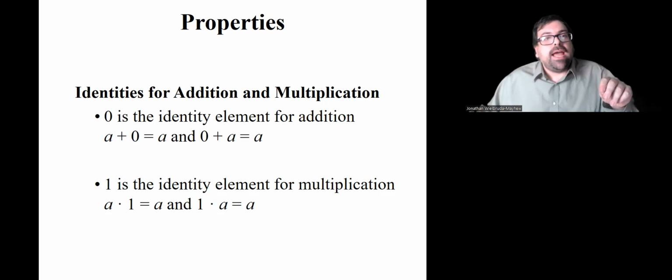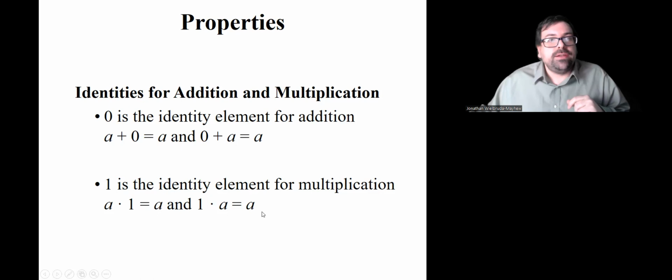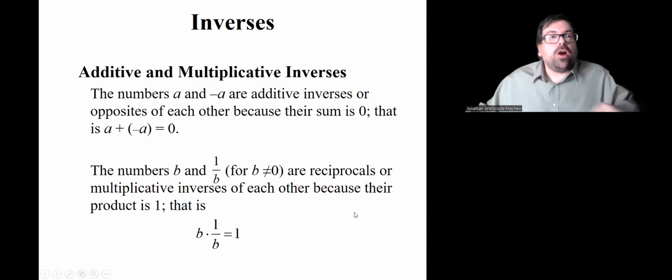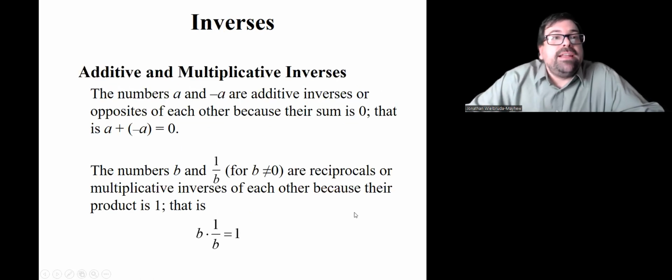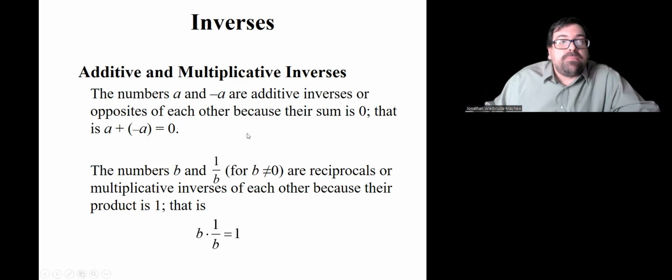These identity elements, 0 for addition, 1 for multiplication, are at play when we talk about additive and multiplicative inverses. Remember, additive inverse just means the same as opposite, and recall that we can add opposites together and get 0. 0 was the identity element for addition.